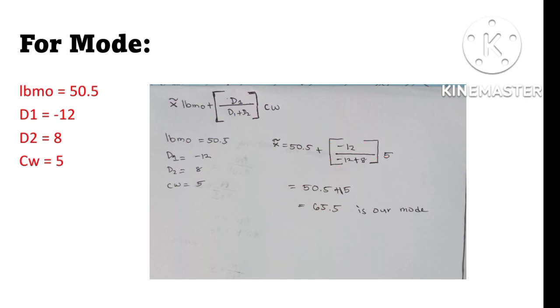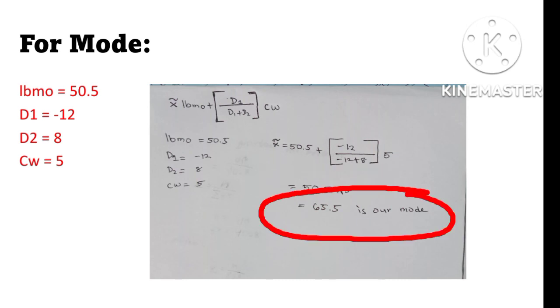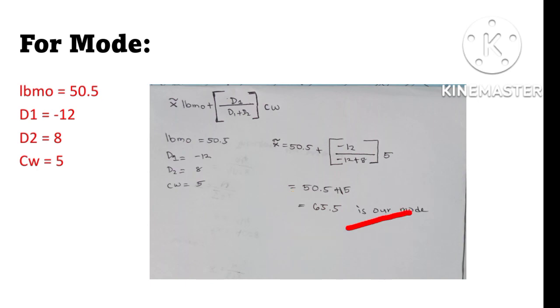Negative 12 divided by negative 4 is equal to 3. 3 times 5 is equal to 15. 50.5 plus 15 is equal to 65.5. Therefore, 65.5 is our mode. So that is for the measures of central tendency, for ungrouped and grouped data.